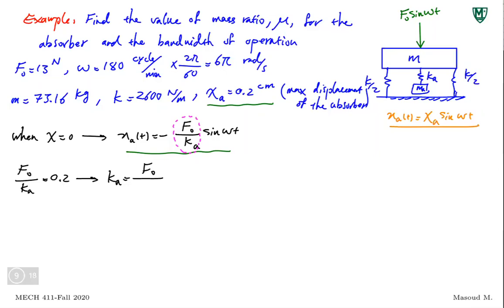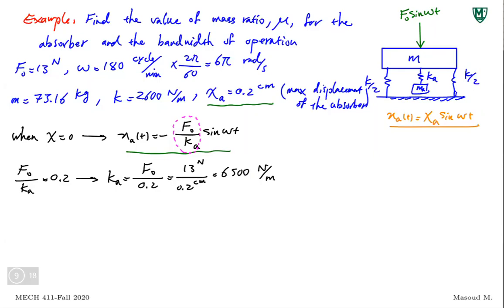F naught over 0.2. F naught is 13 newtons over 0.2 centimeters. It gives you 6,500 Newton per meter. So you got Ka.